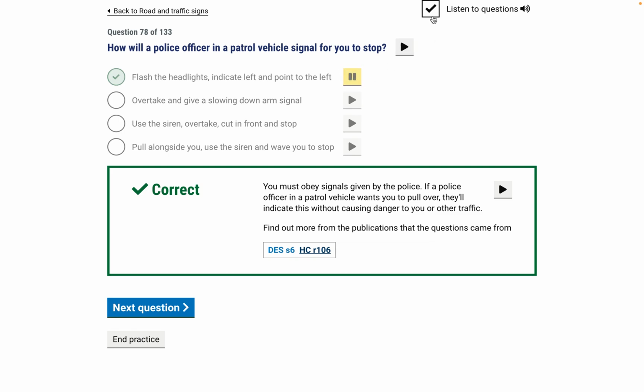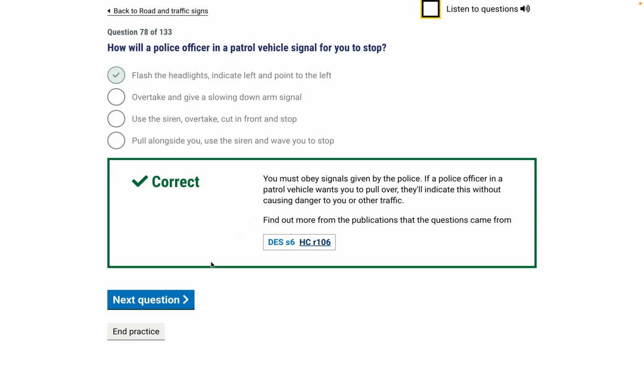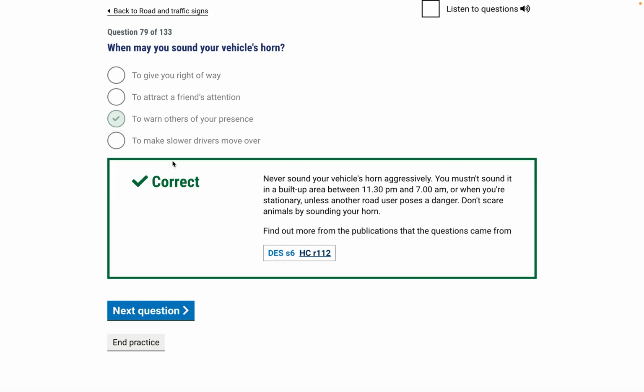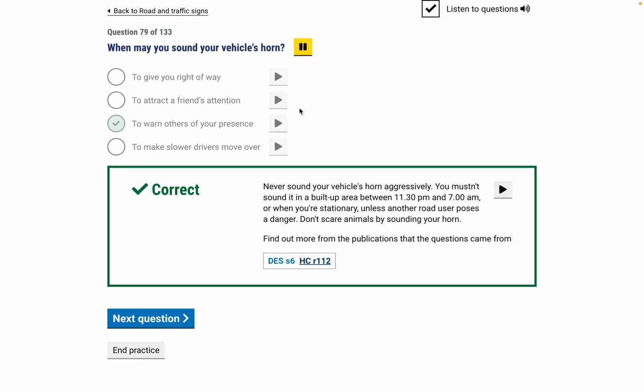Flash the headlights, indicate left and point to the left. When may you sound your vehicle's horn? To warn others of your presence.